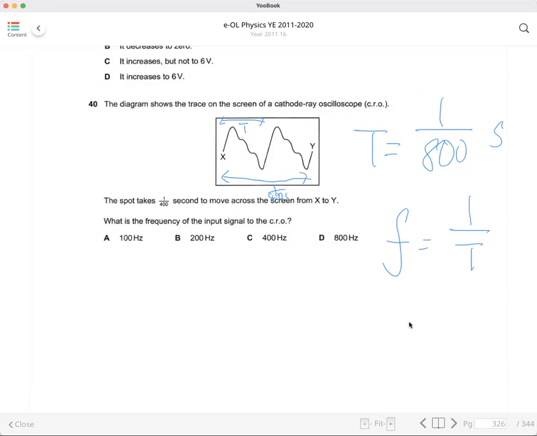Hello, Bei Kwan. I will say that your T is your 1/800. So what's your answer here? Hello, Bei Kwan.